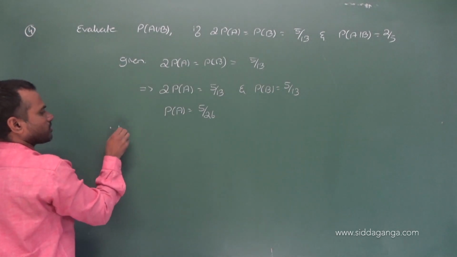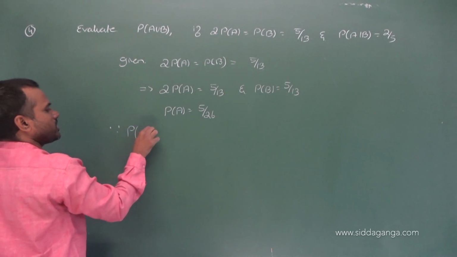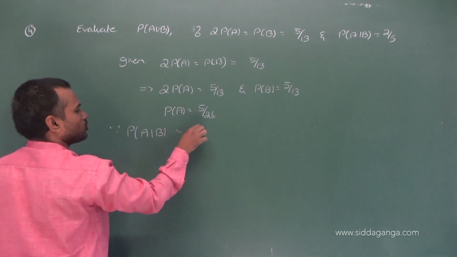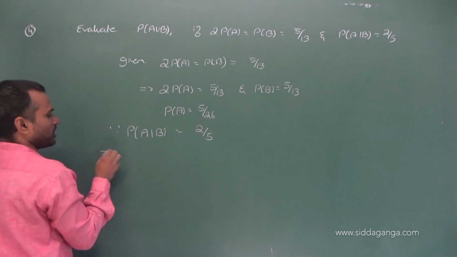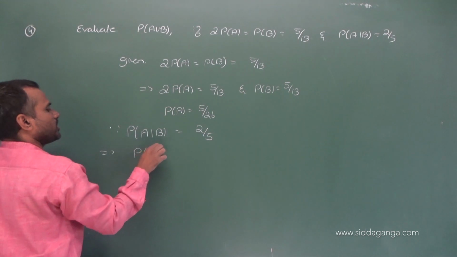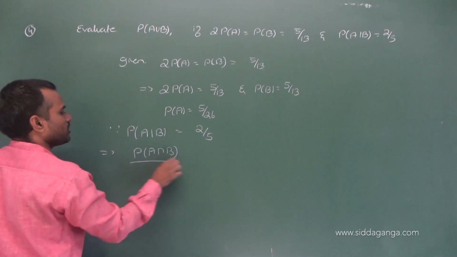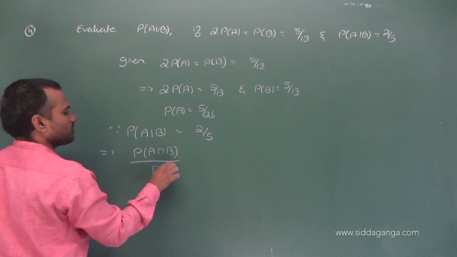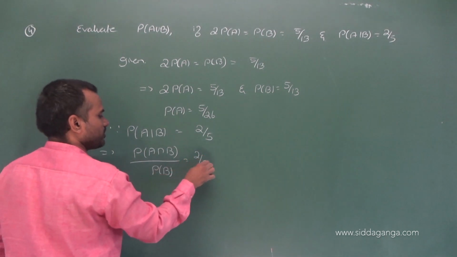Since P of A given B is equal to 2 by 5, that implies P of A intersection B divided by P of B is equal to 2 by 5.